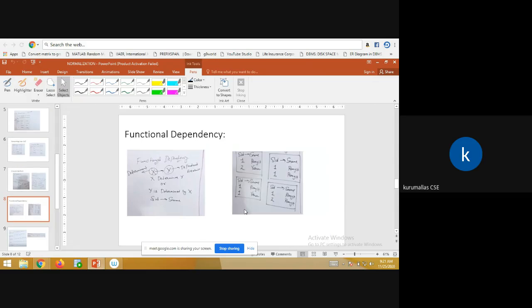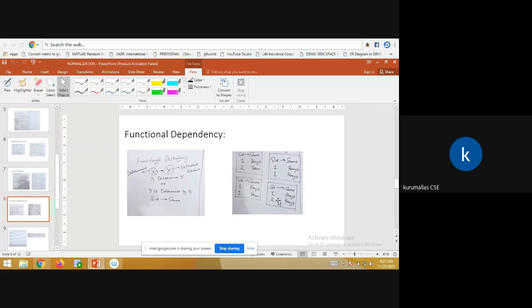Then the functional dependencies. We know what a functional dependency is. The mathematical expression is X tends to Y, meaning Y is dependent on X. Here X is the determinant and Y is the dependent attribute of X. This is about functional dependency, and these are the various possibilities.